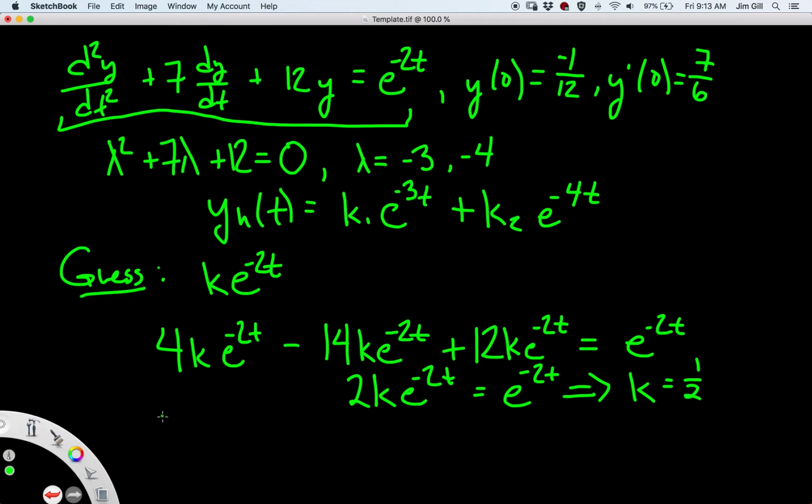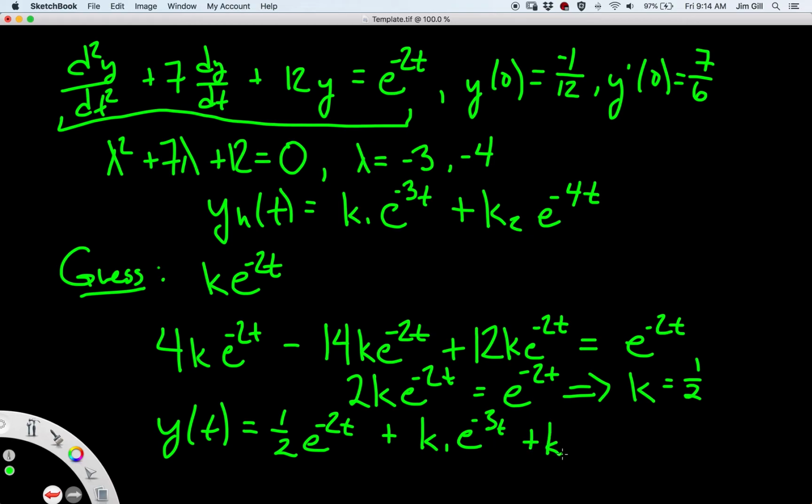So that means my solution, y of t, is equal to the particular solution, which is 1/2 e to the minus 2t, this solves the equation, plus any homogeneous solution: k1 e to the minus 3t plus k2 e to the minus 4t.